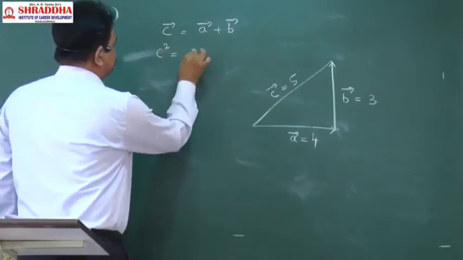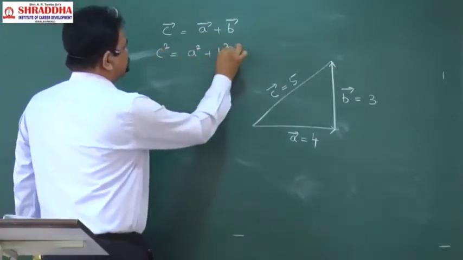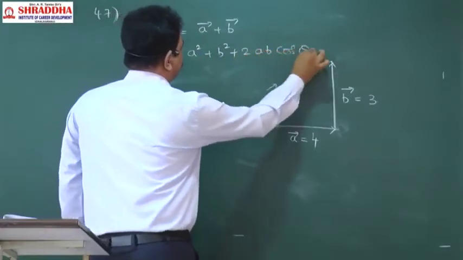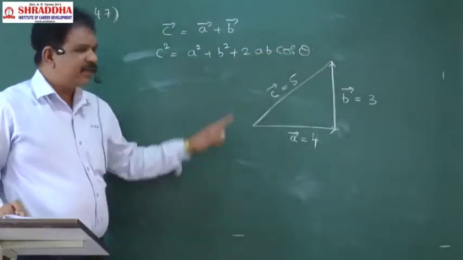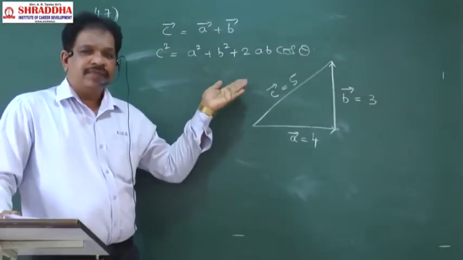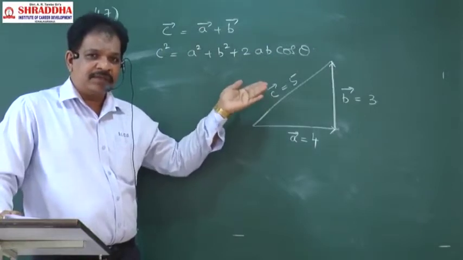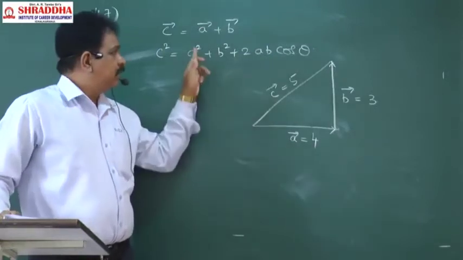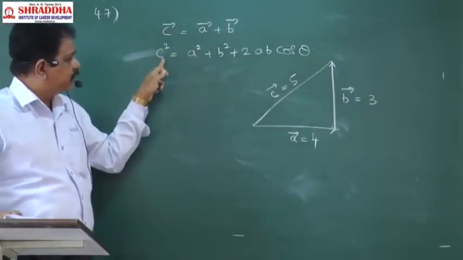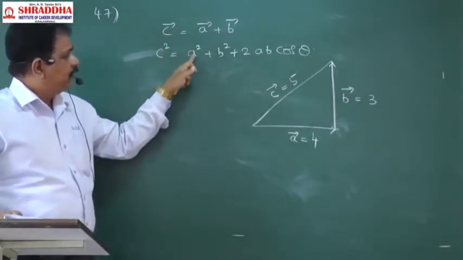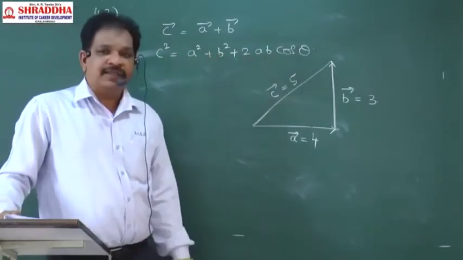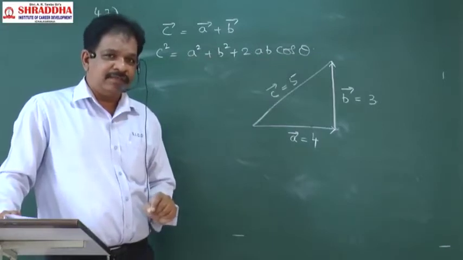C square is equal to A square plus B square plus 2AB cos theta. If these are scalars, what would we write? Just C square is equal to A square plus B square plus 2AB. But these are vectors, that's why the magnitude is C square equal to A square plus B square plus 2AB cos theta. Is this understood?